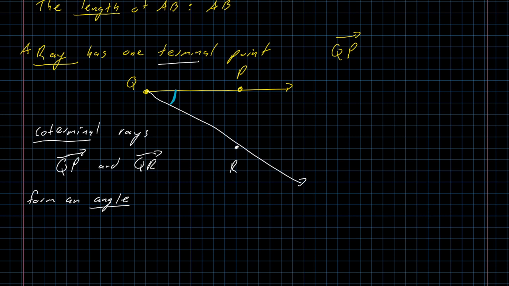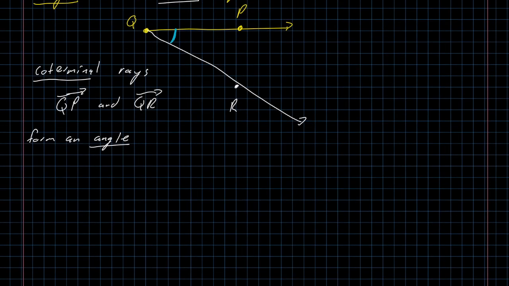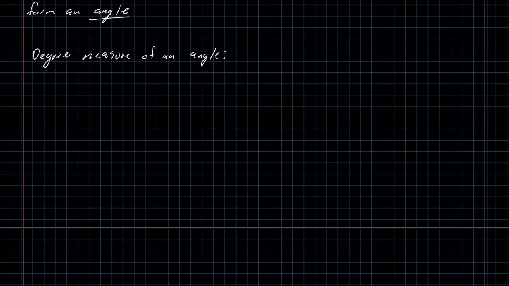And there are several ways of talking about and classifying angles. In this class, we're going to use the degree measure of an angle. And the degree measure of an angle is formed based on two rules.